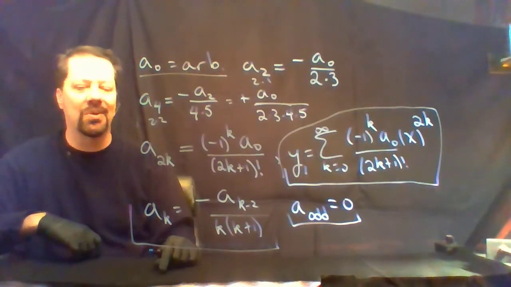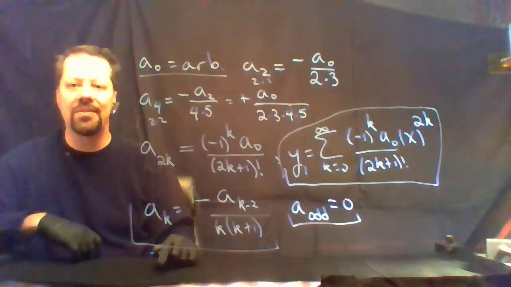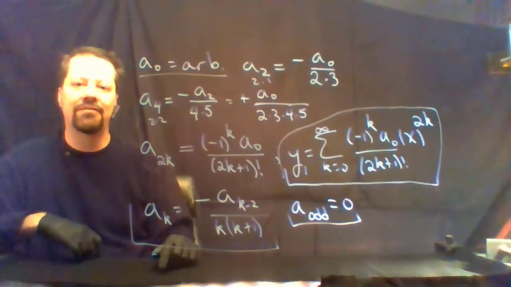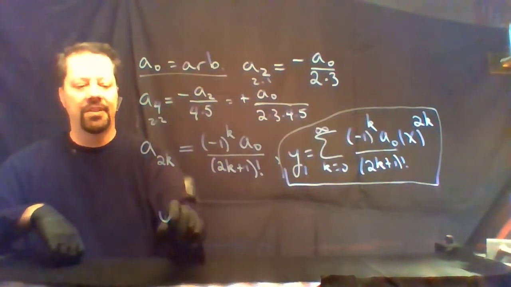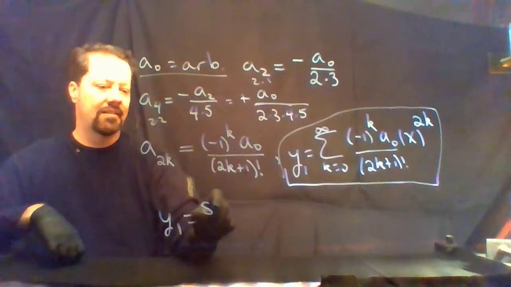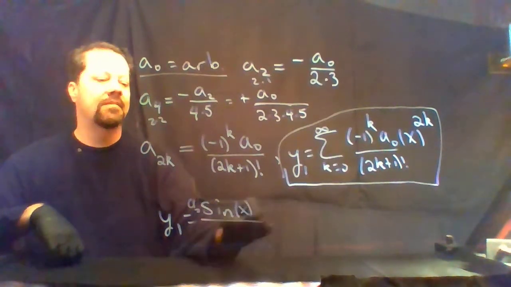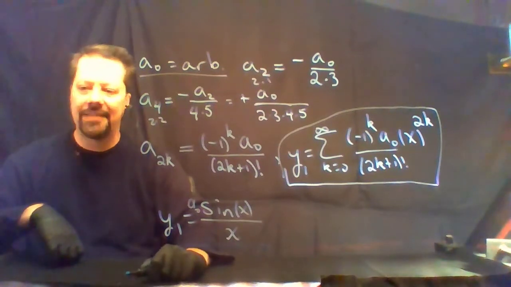This function has only even powers of x. It's as though one factor of x has been canceled off from each term in the Maclaurin series for the sine function. This function is in fact a naught sine of x divided by x.